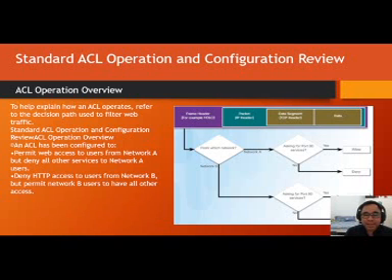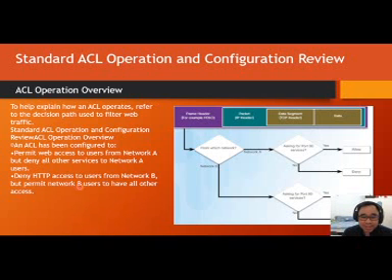To help understand how an ACL operates, refer to the decision path used to filter web traffic. Okay, so you can see from here. Standard ACL operation and configuration. An ACL has been configured to permit web access to users from network A, but deny all other networks access to network A users.